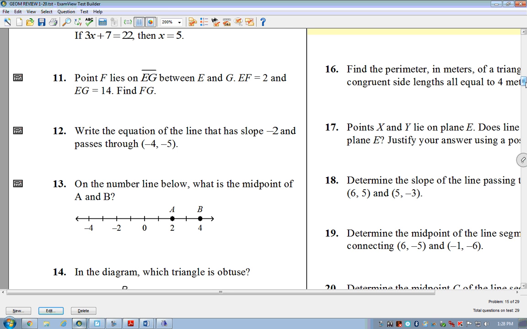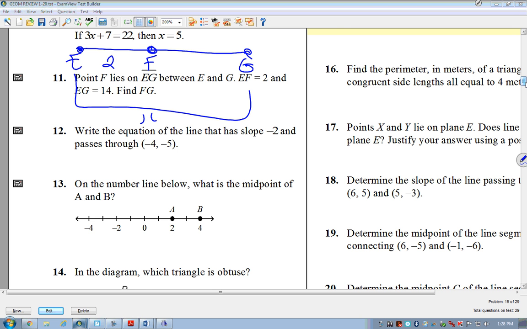Draw it. Okay. So I got points on, what are the points on either end? E and G. Okay. Is F the midpoint? No, it's just somewhere in there, right? But I know EF is 2, EG is 14.